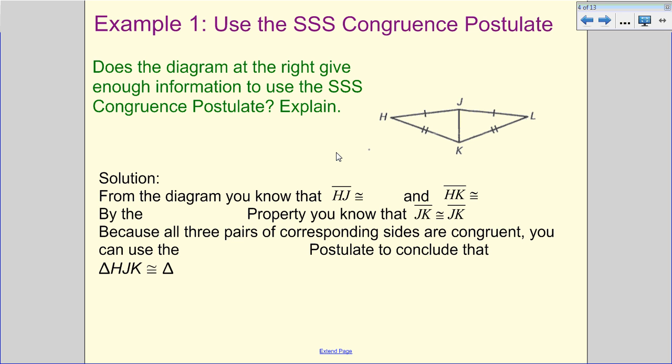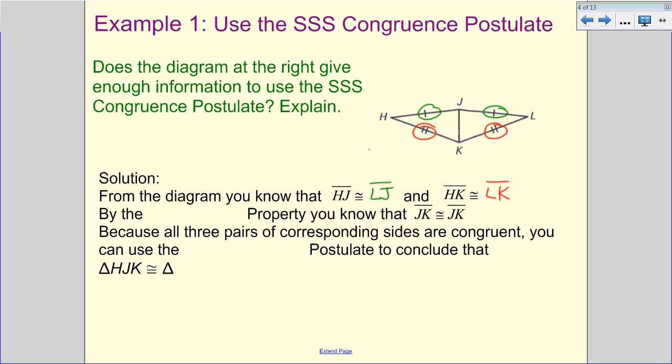Does the diagram give enough information to use the side, side, side congruency postulate? Explain. From our diagram, we can tell that HJ is congruent to LJ. We can tell because each of them has one congruency mark. And we can tell HK is congruent to LK. Name corresponding parts. J is at the end of each segment.